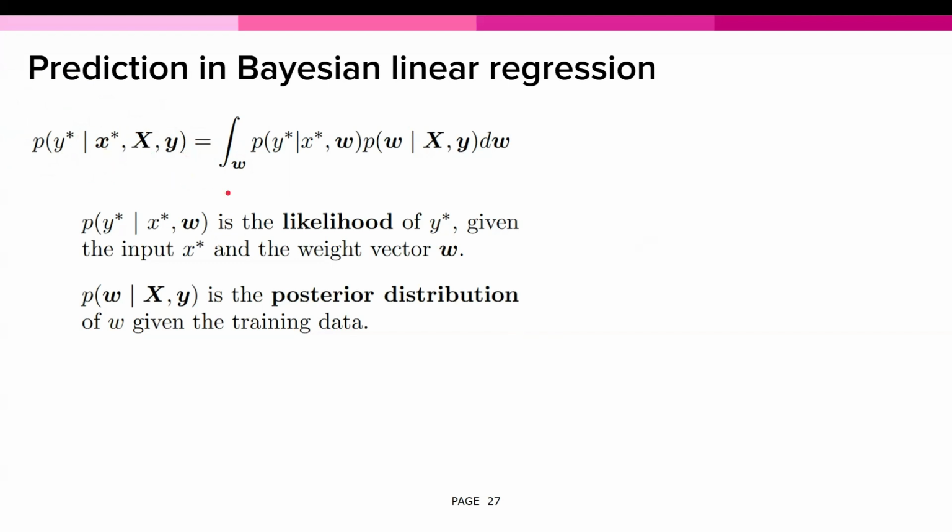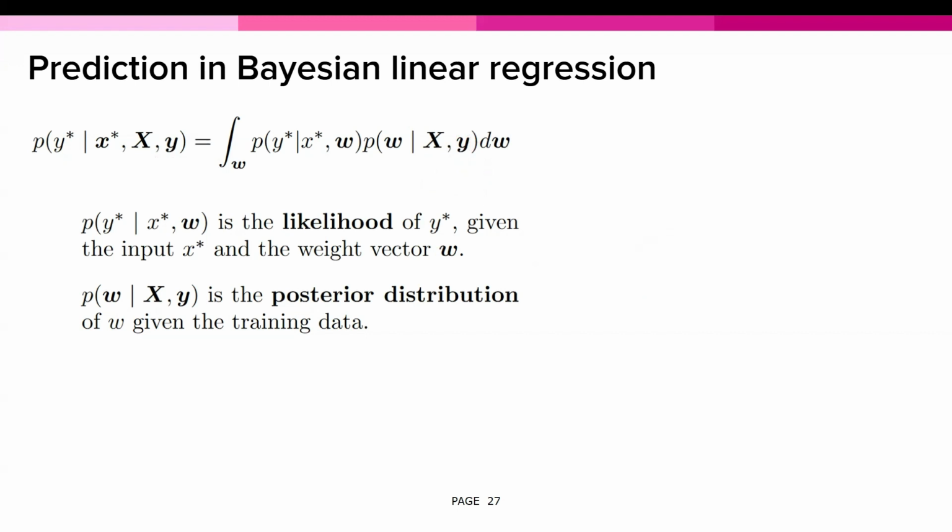And so computing this predictive distribution over Y star requires the new input X star and the training data matrix X, and that's going to have n rows and d columns, and then the vector Y, which is going to have n elements.